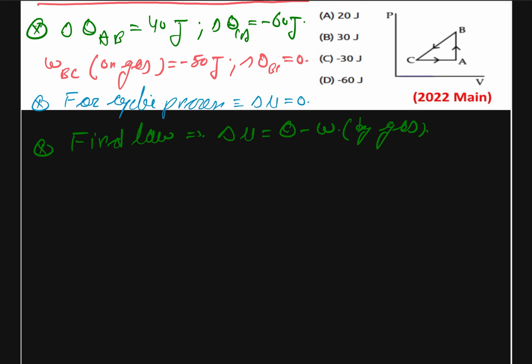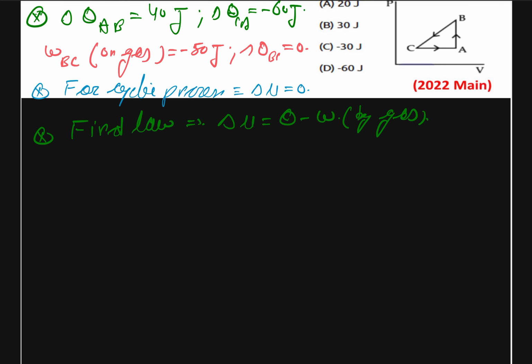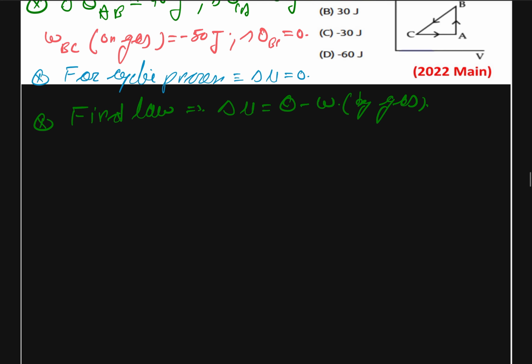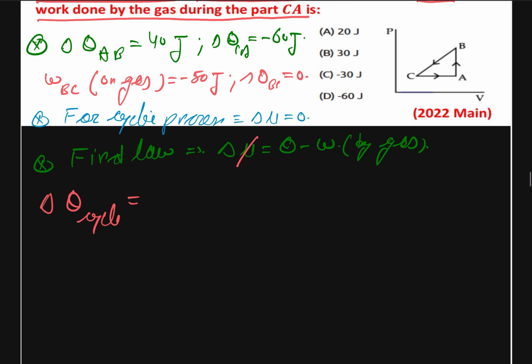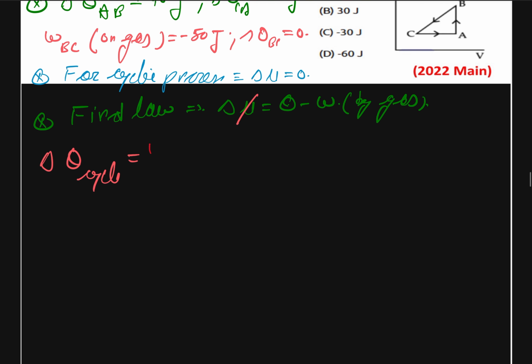Because delta U is 0, this goes away, and we can write that our delta Q for our entire cycle will be equal to 40 minus 60, which is nothing but delta W, and which comes as minus 20.